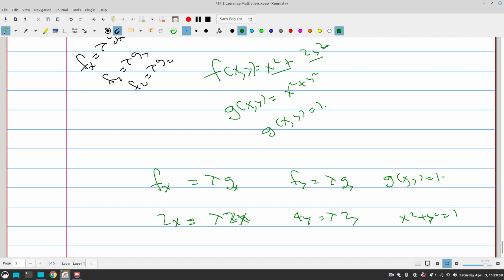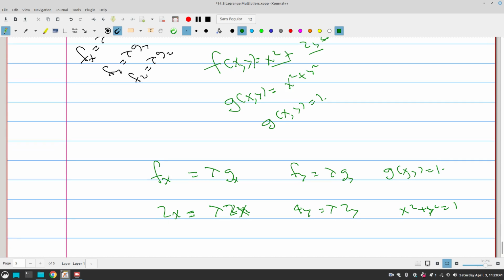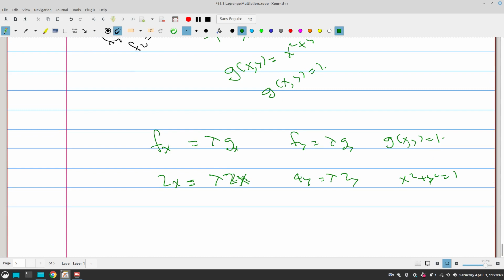So you would have to solve these equations. Now notice something here: I could cancel out x and y, but what I notice is that x and y cannot both be 0. Why? Because x squared plus y squared equals 1.